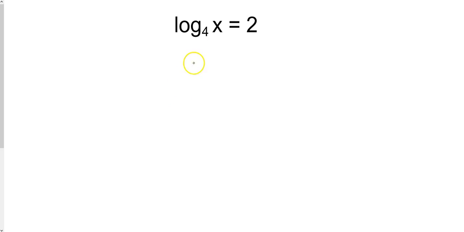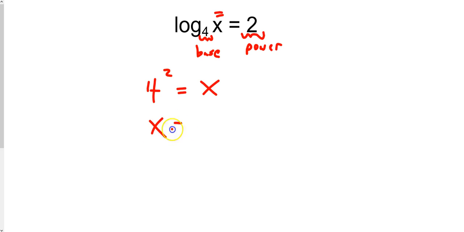Remember in class when we talked about it, this guy right here represents the base, this right here represents the power, and this guy represents the equal part. So what we're looking at is 4 squared equals x. And now you're pretty much ready to give me the answer. So x equals 8. Just like what we've done before.